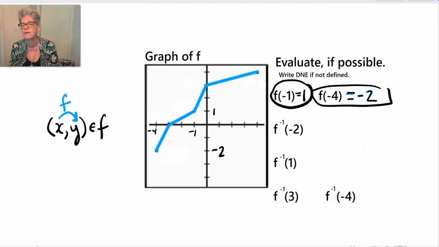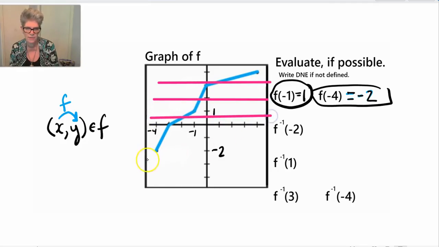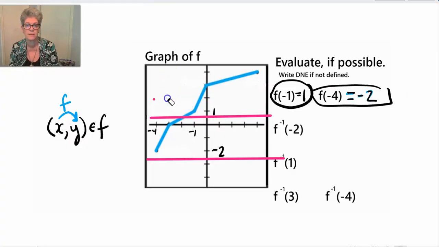We do the horizontal line test. If any horizontal line you can draw only intersects the graph at most once, then your function's 1-to-1, and that means it will have an inverse. So f inverse is defined.